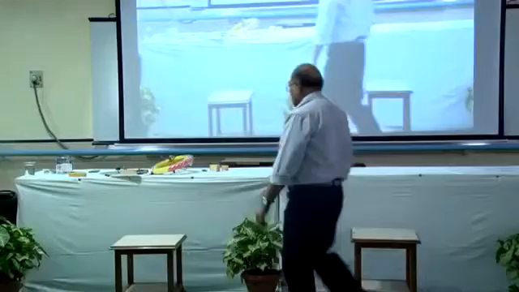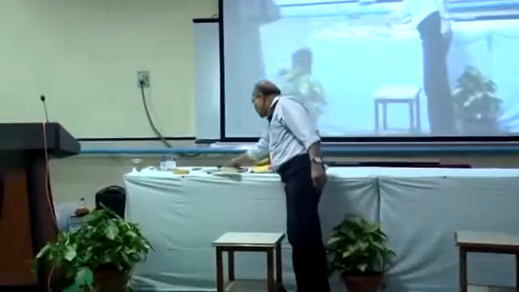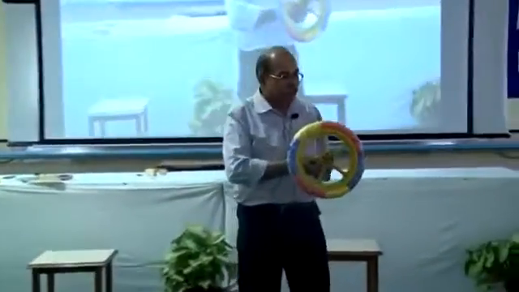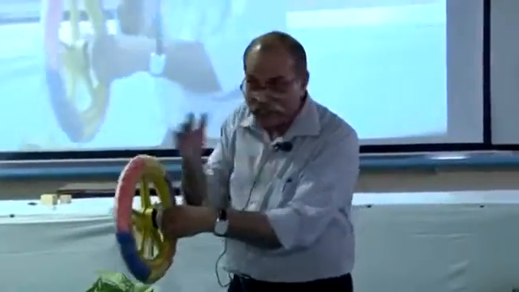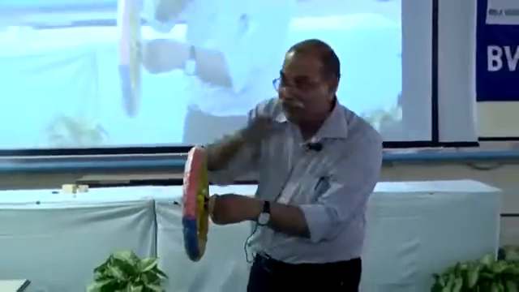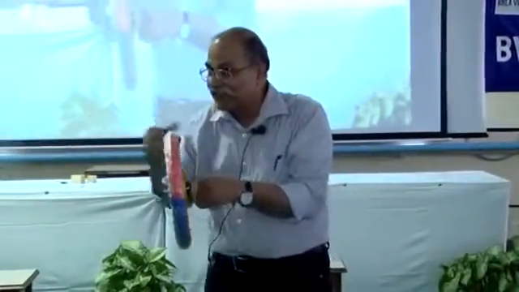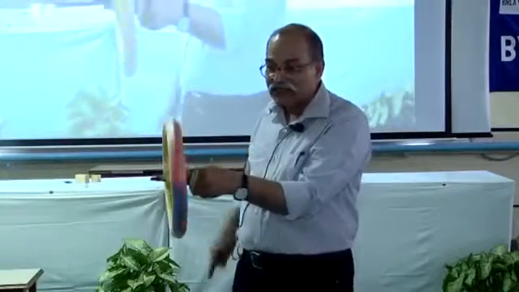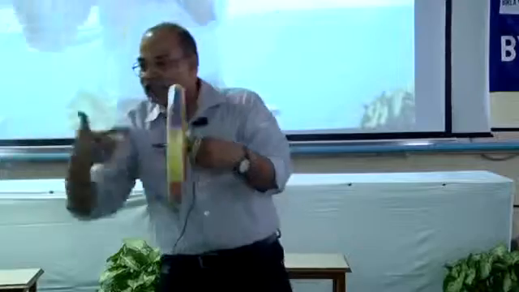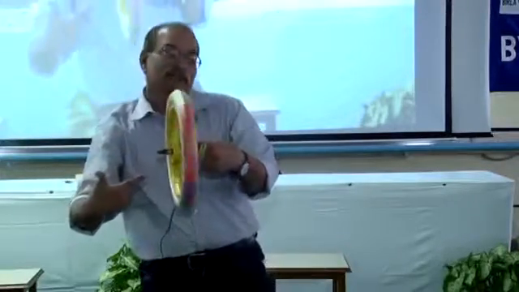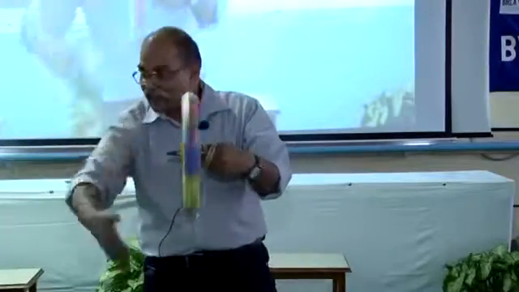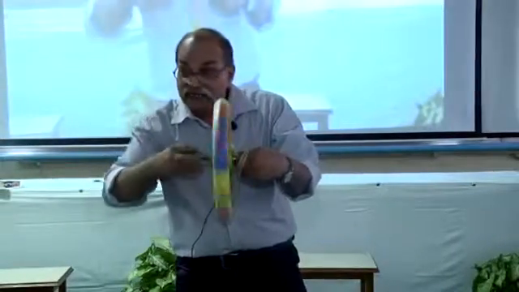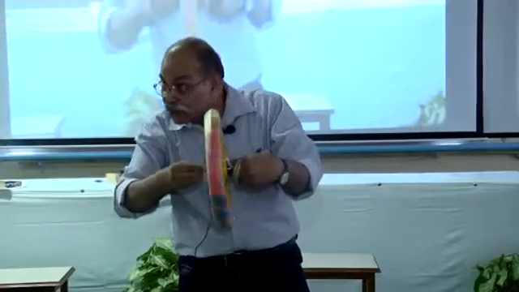So I have something which will rotate. Let us take this one. I am on one side, and these people are on the other side. Now tell me, is it clockwise or anti-clockwise? From this side, it is anti-clockwise. What is the rule? If you find it anti-clockwise, the direction of angular velocity is towards you.